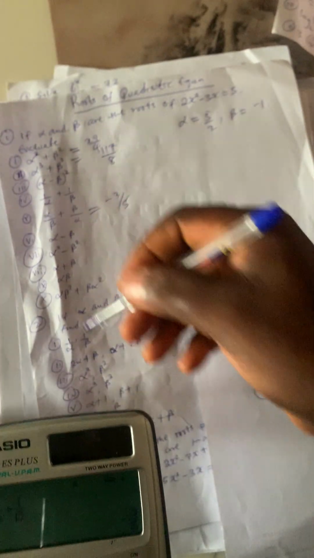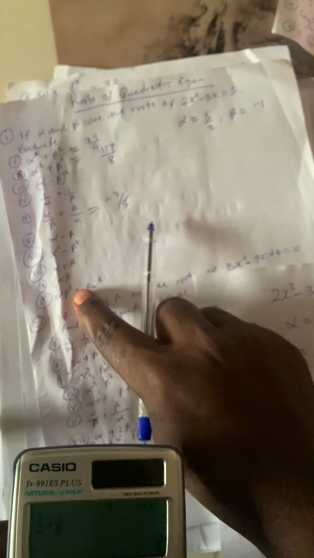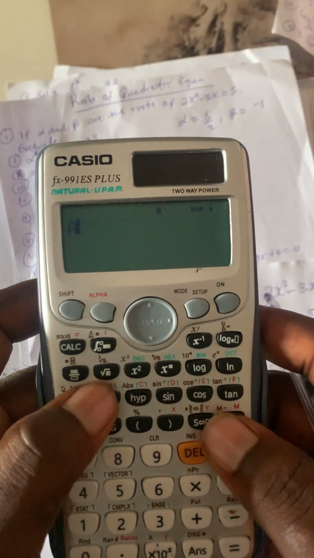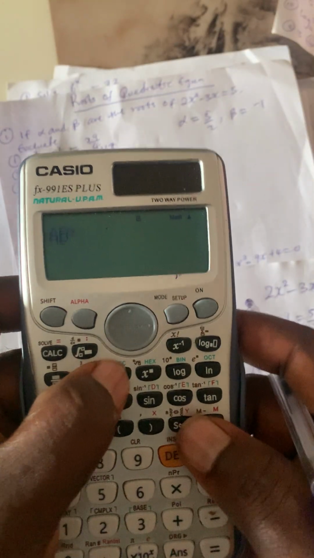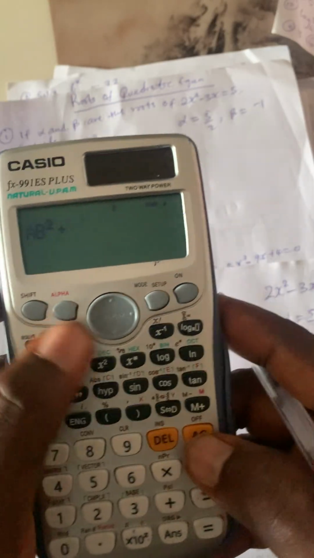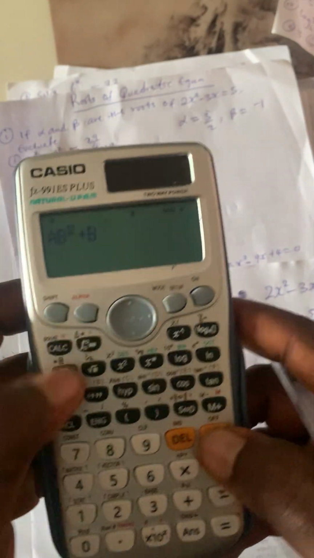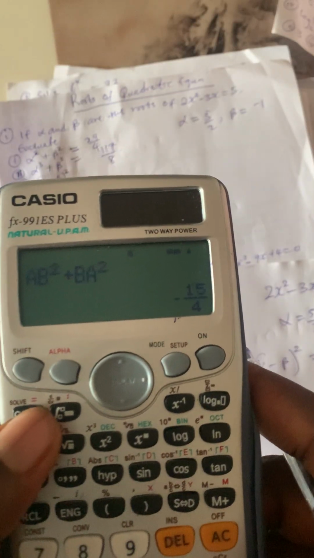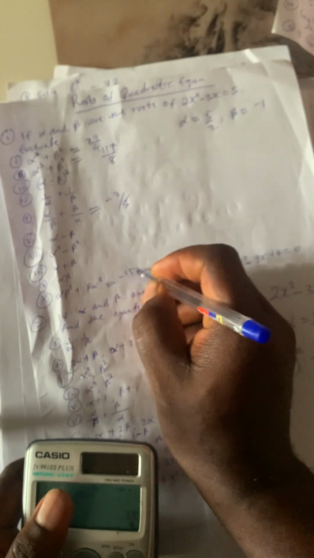So punch the rest for me. Now this one is alpha beta squared plus beta alpha squared. Just punch it the way it is, press equal to, and you have your minus 15 over 4.